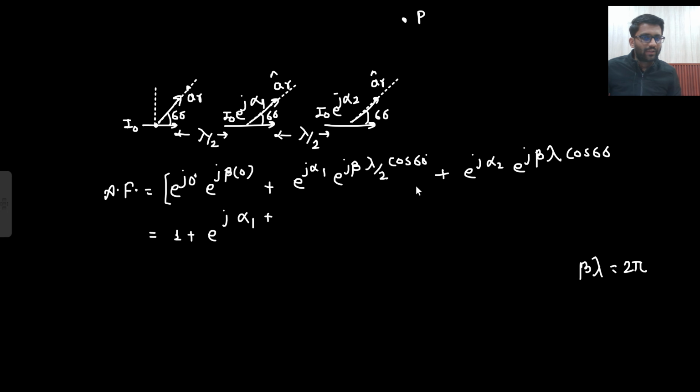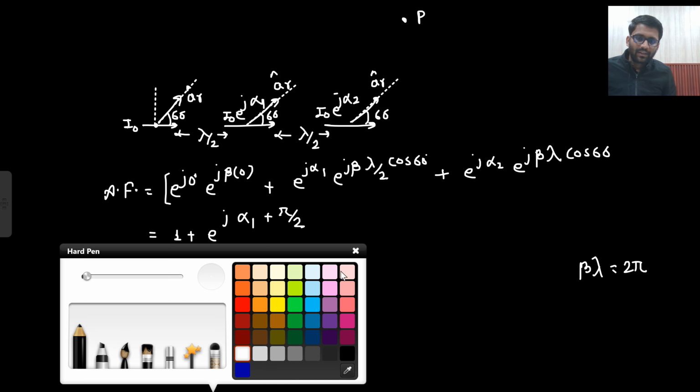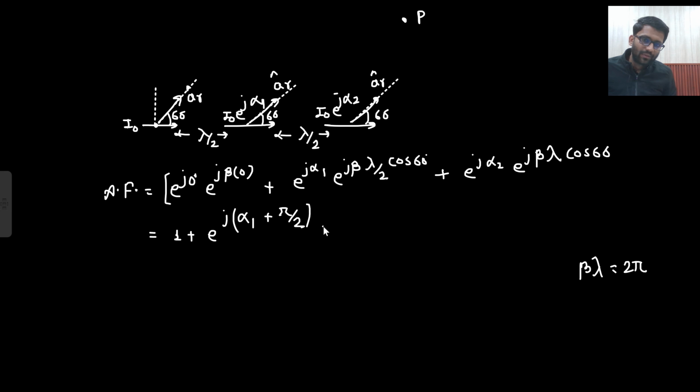So here beta lambda is 2 pi divided by 2, into cos 60 is 1 by 2, so what you are getting is pi by 2. So e to the power j alpha 1 plus pi by 2 plus e to the power j alpha 2 plus, beta lambda is 2 pi and cos 60 is 1 by 2, so that is equal to pi. So this is the array factor we are getting.